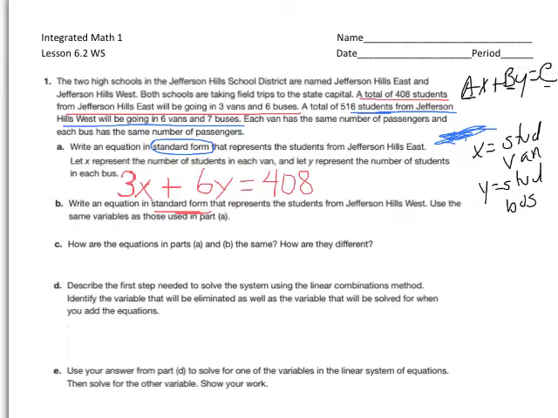Okay, should be done by now. So this one, there's actually 6 vans and 7 buses. They have a total of 516. So they got more buses and vans and more people.